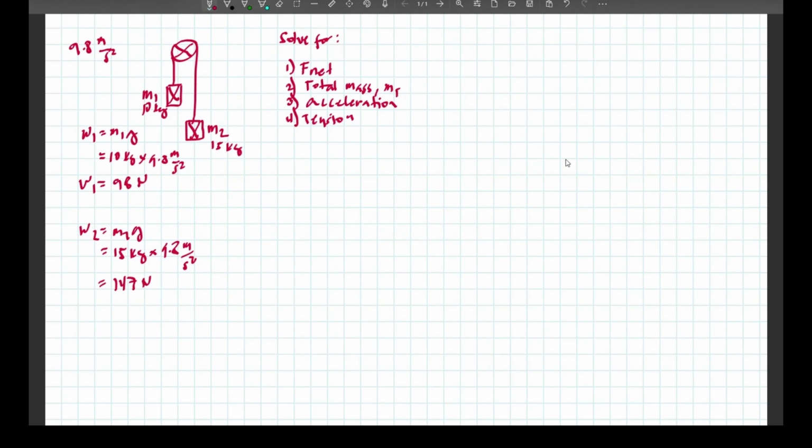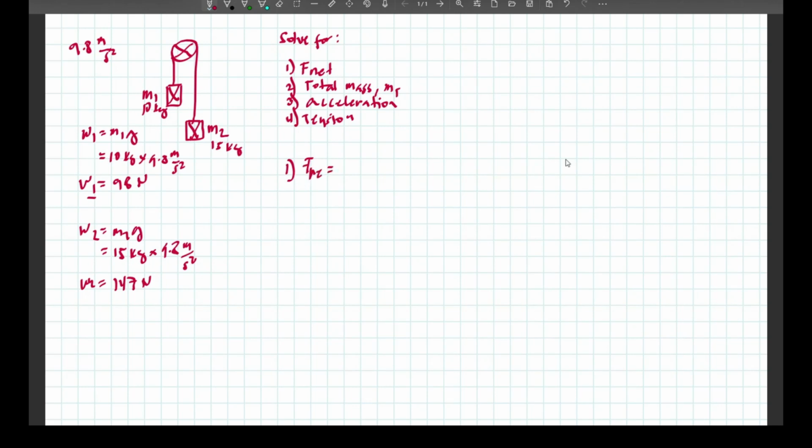Alright, so now we have our W1 and our W2. We can now find the F net of the problem. Okay, so number 1, F net, we just simply subtract the smaller weight from the bigger weight. So in this case, we will subtract W1 from W2. Alright, so let me write it down.